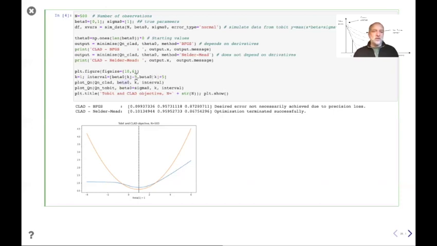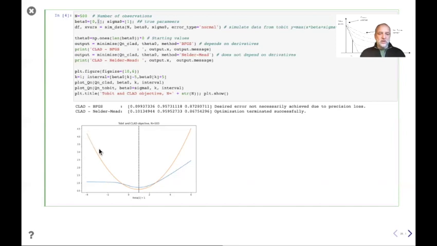So here's my interval, plus minus 5 around the true parameter, and I'm plotting the objective function with respect to the parameter with index 1. Okay, so that's the slope coefficient. We go between -4 and 6, because here's the true value in the middle. So we're doing a little bit of plotting and adding a title, and this is what we get.